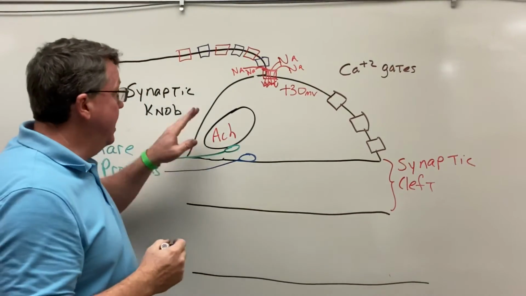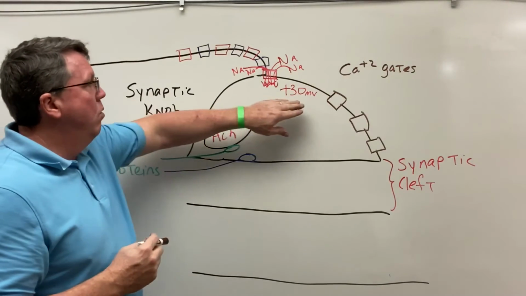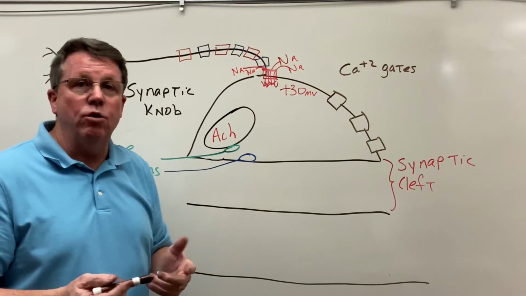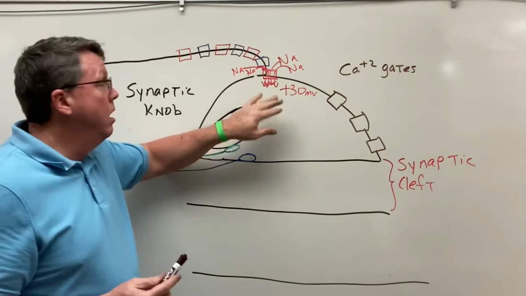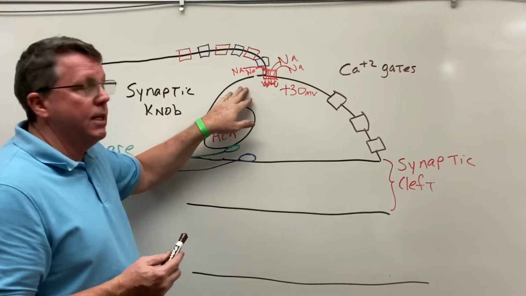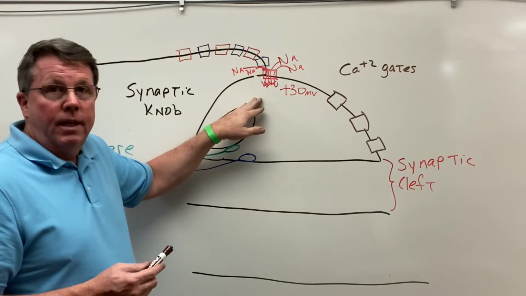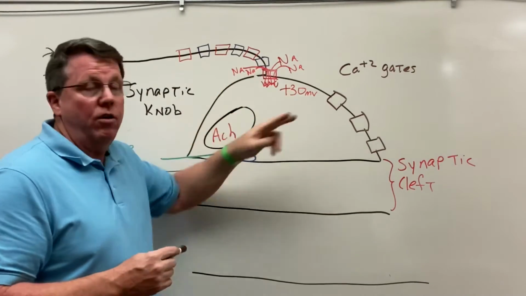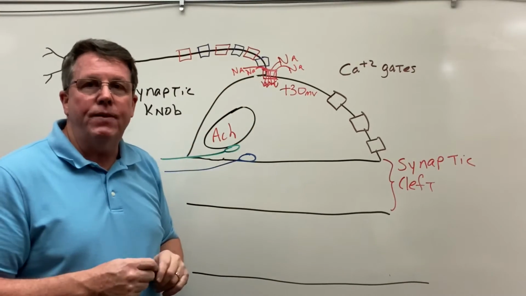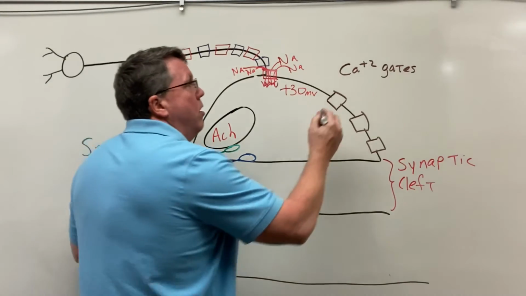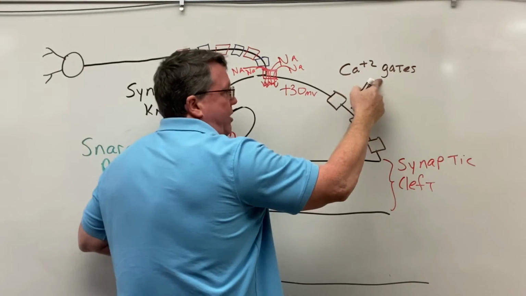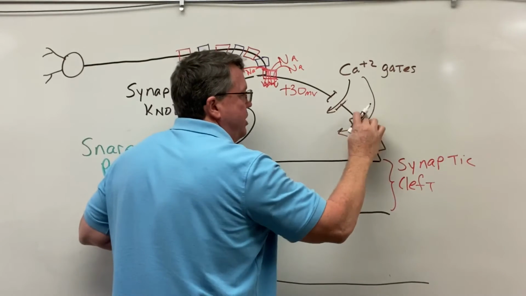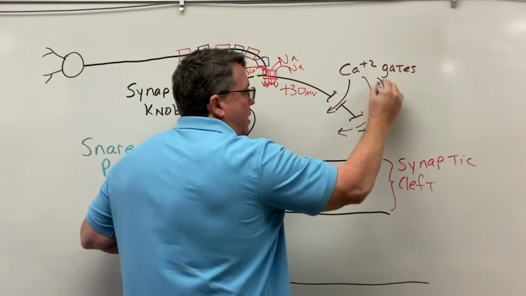However, just like we saw before, at positive 30 the potassium gates open, which they'll do in here too. I just don't have them drawn, but you have these gates going all around here also. But what happens on the synaptic knob is my calcium gates open. So now the calcium gates open and calcium comes rushing in.